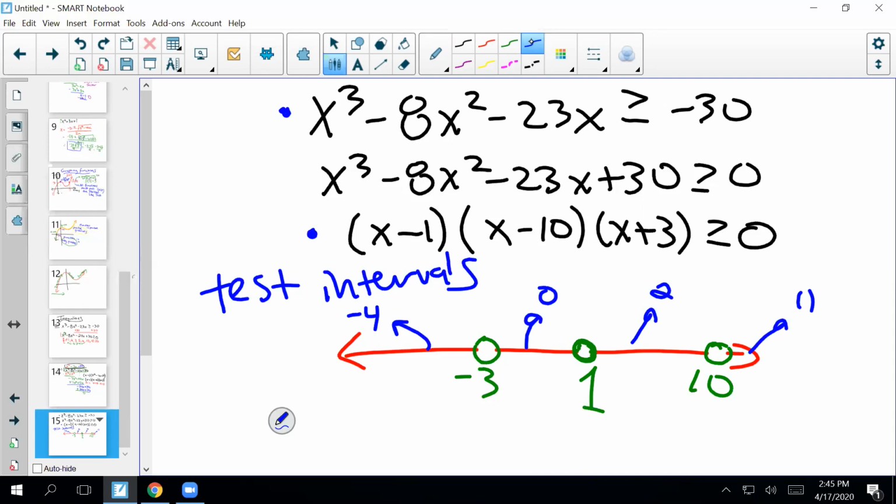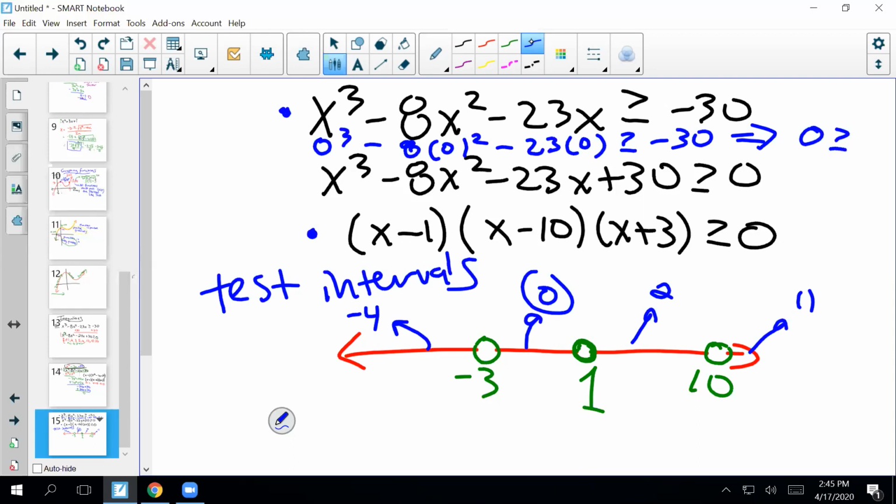If I try 0 in my original, I'm just going to plug in a 0 for all of these. And I ask myself, what does that end up saying? Well, that says that 0 is bigger than or equal to -30. Is that true? Yeah, that is true.